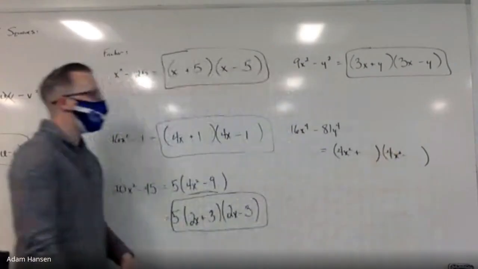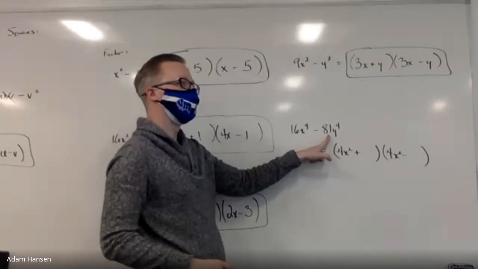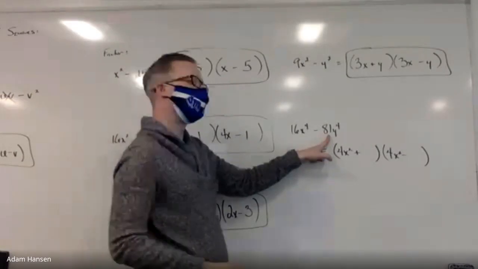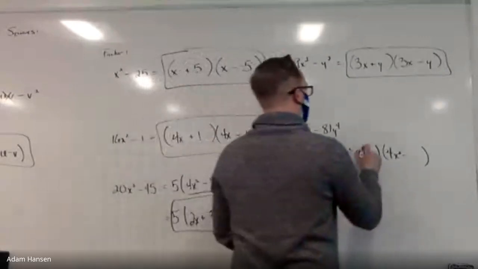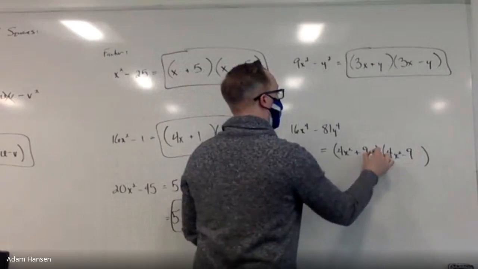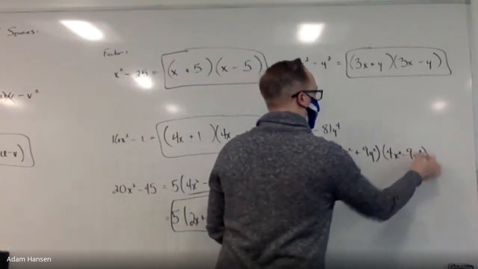So my factors right now are 4x squared plus something and 4x squared minus something. How about 81y to the 4th? What do you say, Michael? What times what is 81? What times what makes 81? How about y to the 4th? Y squared times y squared is y to the 4th.